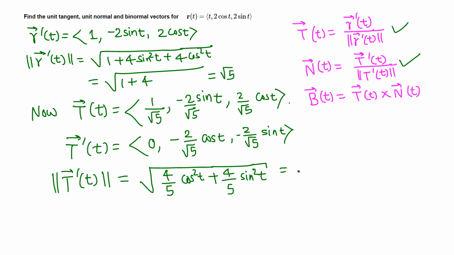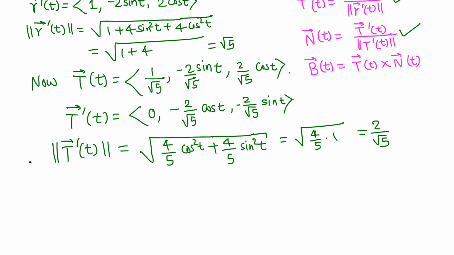From these two terms we can factor 4 over 5 inside the radical, that leaves cosine squared plus sine squared, which is 1. And this is the same as the square root of 4, which is 2, on the top, root 5.